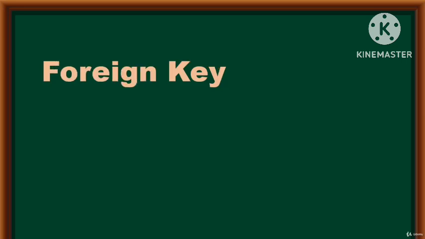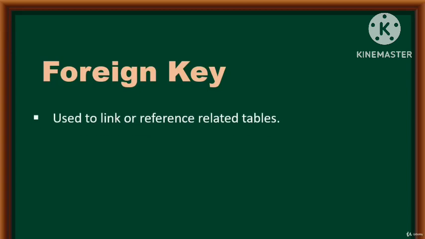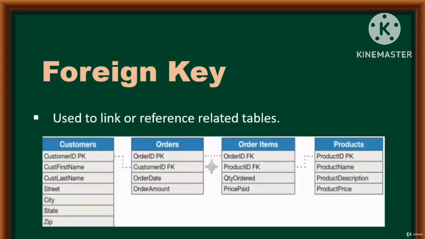The next concept is a foreign key. A foreign key basically is a key that is used to link two tables together. A foreign key can also be a collection of fields in one table that refers to the primary key in another table. So again, using this illustration here, in this table, for example, we've got customer ID as a primary key, while in this table called orders, we've got customer ID as the foreign key.